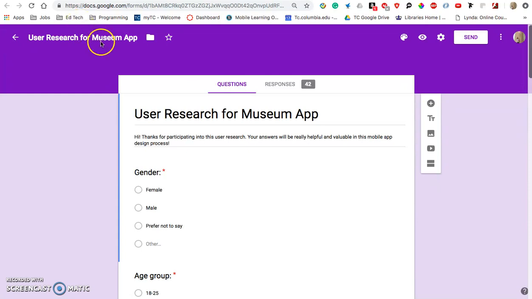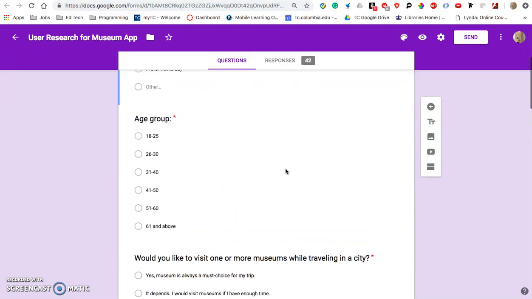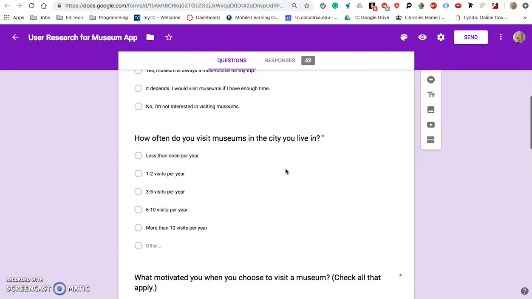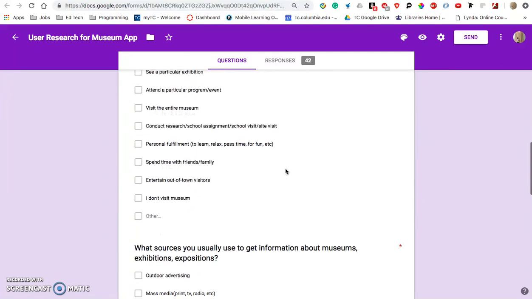I chose to do this survey using Google Form because I think a lot of people have access to Google Form. And I created 10 questions ranging from gender to different preferences while they're visiting museums.